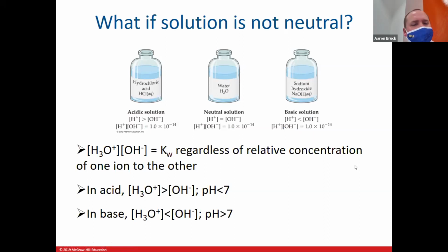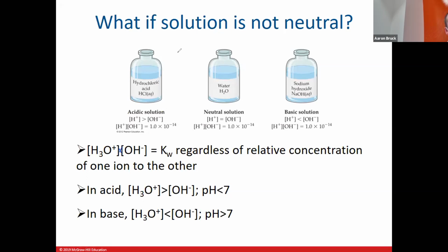So there are some things that we can conclude. First of all, if the hydronium and hydroxide concentrations are equal to each other, then their product, the concentration of hydronium multiplied by the concentration of hydroxide, gives us a value called Kw. The value of Kw is 1.0 times 10 to the negative 14th.